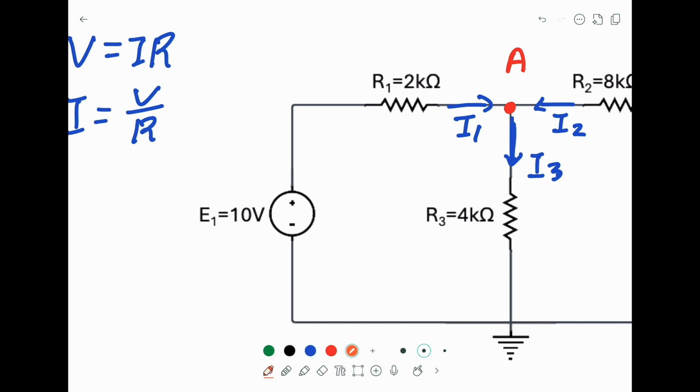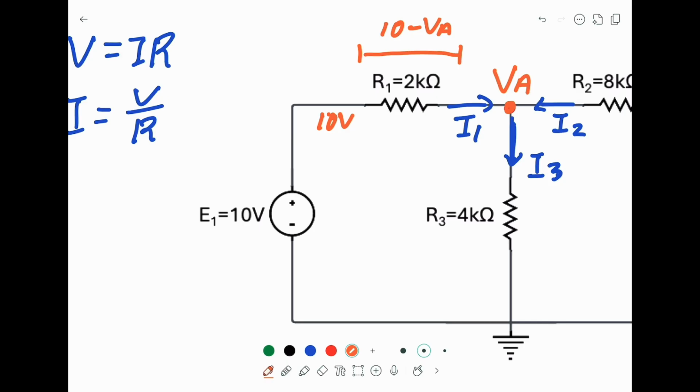If we look at I1, we first assume the voltage at A is VA. Now on the other side of R1, this should be 10 volt. So the potential difference across R1 is 10 minus VA.